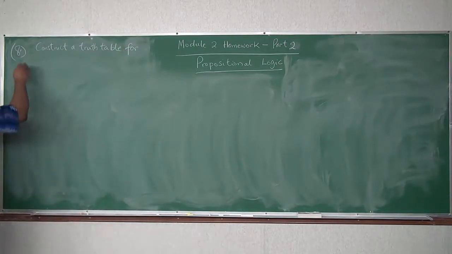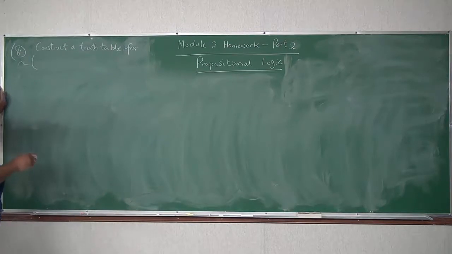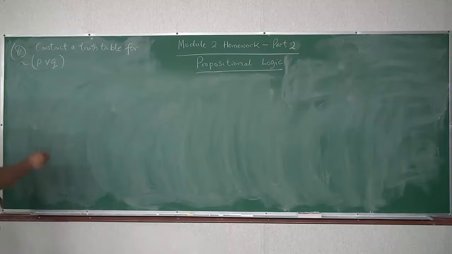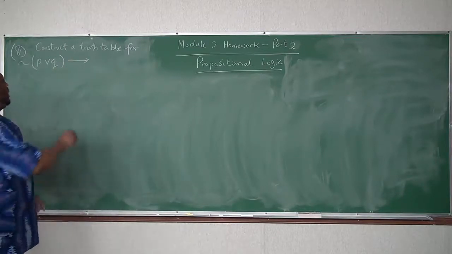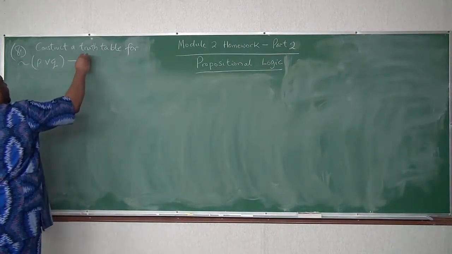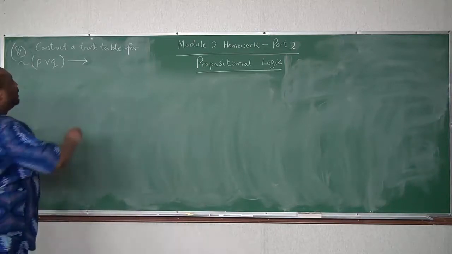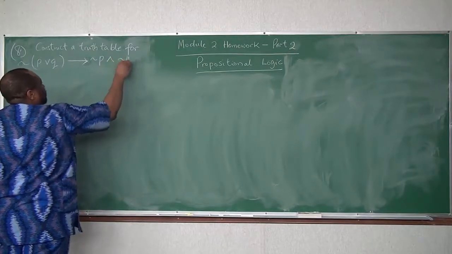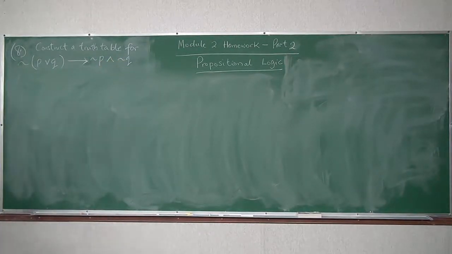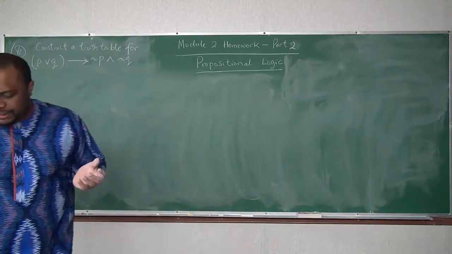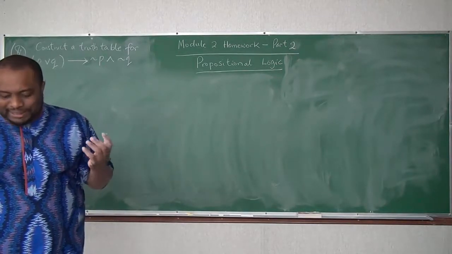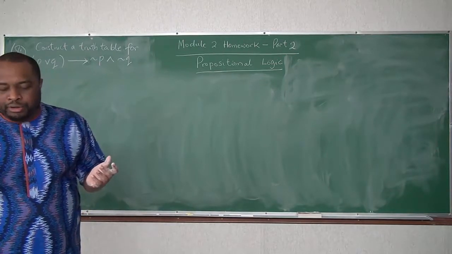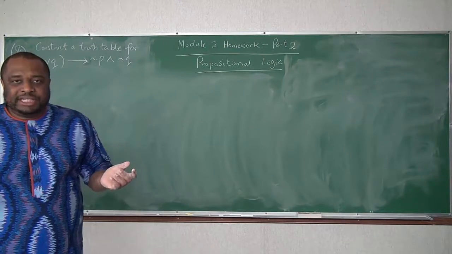I'm going to do an example. Not (P or Q) implies not P and not Q. Then it says, explain how this truth table shows whether this statement is a tautology, a contradiction or absurdity, or a contingency.